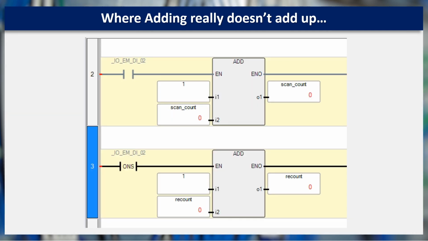So let's watch these two add instructions. We'll focus on the top one in rung number 2. I'm going to flag the input, digital input 2, and I'm just going to toggle it on as fast as I can.